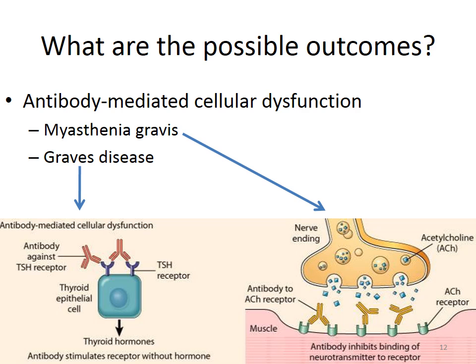But if you have these antibodies that have bound up the receptors on the postsynaptic cleft, those acetylcholine molecules will have a difficult time finding the receptor that's being blocked, and therefore you do not get muscle contraction. And that's the condition of myasthenia gravis. So that wraps up part 1 of 2 parts of hypersensitivity.